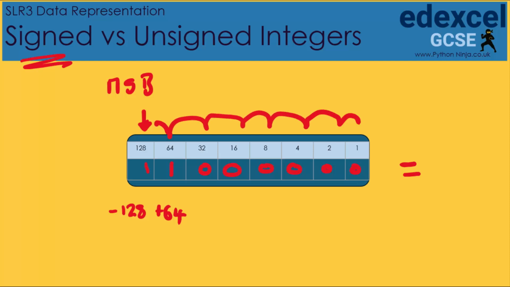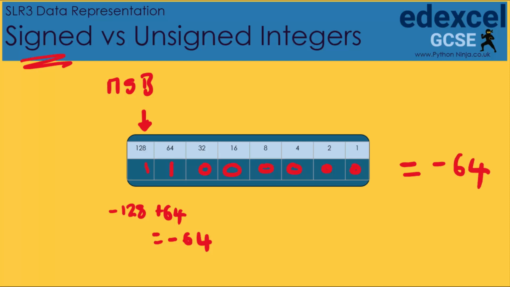So two 64s make 128. So we know minus 128 plus 64 is going to be equal to minus 64. So this signed integer binary number is equivalent to the denary value of minus 64.